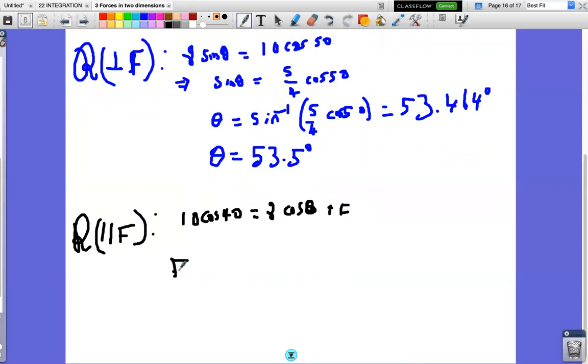So now our F should be 10 cos 40 minus 8 cosine of theta. We already have theta.